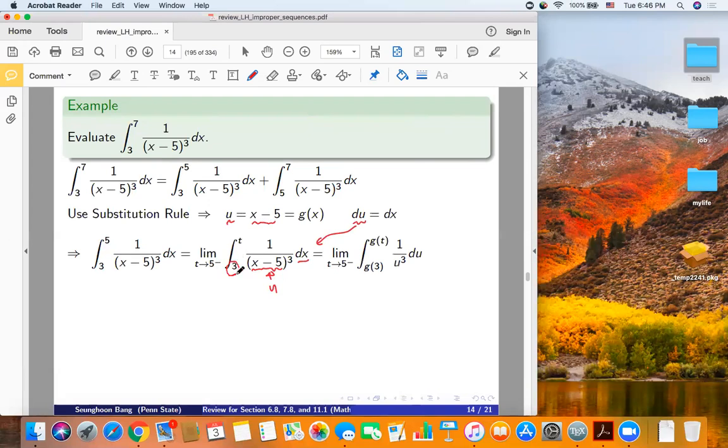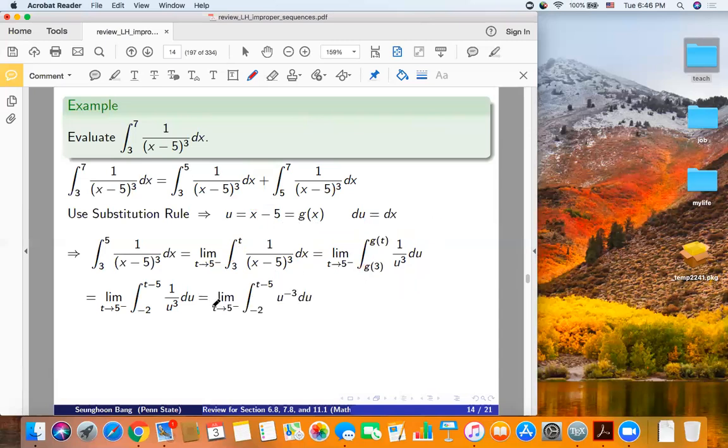Another one, you plug 3 into g of x, g of 3, and you plug t into g of x, g of t. You can change the lower limit and upper limit. So what is g of 3? Plug 3 into x: 3 minus 5 equals negative 2. What is g of t? You plug t into x, we have t minus 5.